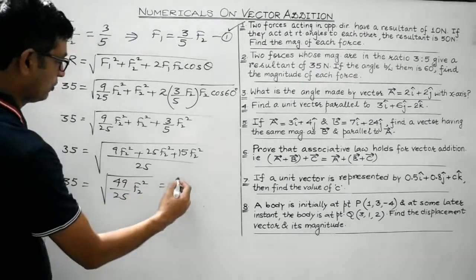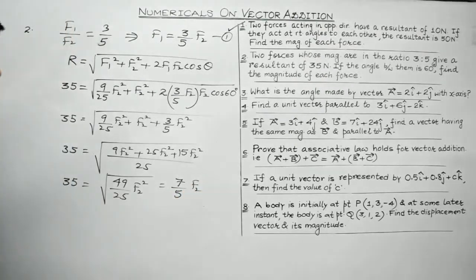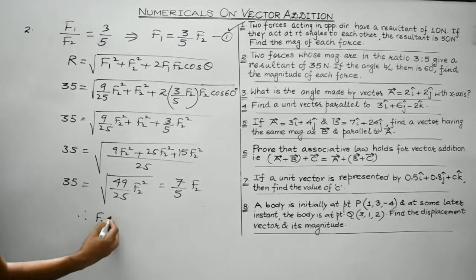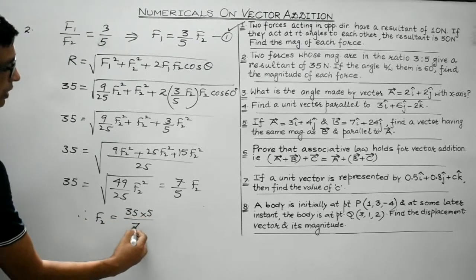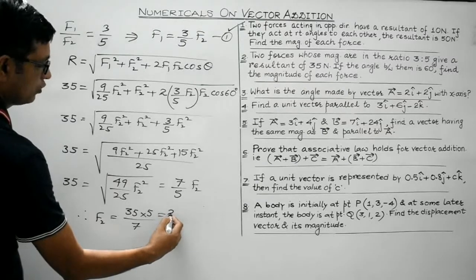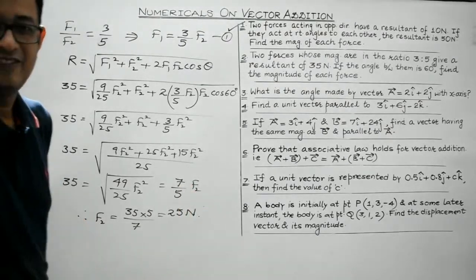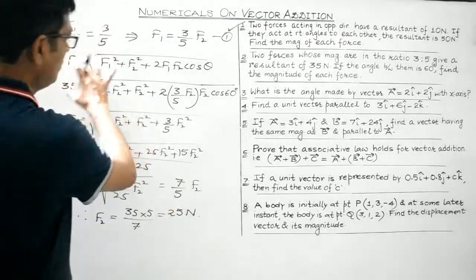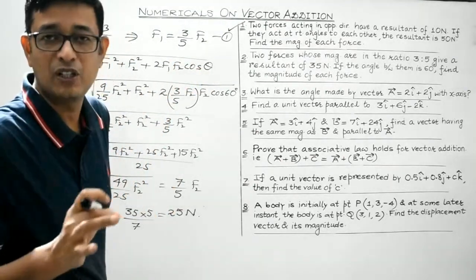And that students would be equal to 7/5 F2. Right? Therefore, F2 would be equal to 35 multiplied by 5 divided by 7. So it will be equal to 25 Newton. Clear?